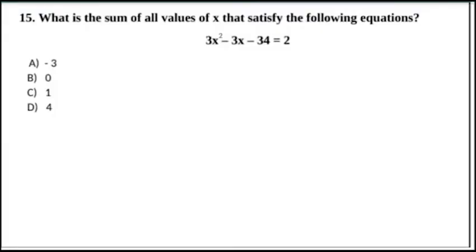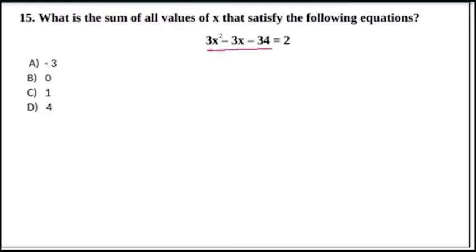Welcome to question 15 solution. What is the sum of all values of x that satisfy the following equations? So we have a quadratic equation here, and we want to find the roots of the equation, or the solutions of the equation. So if we look at this, it's not equal to 0.